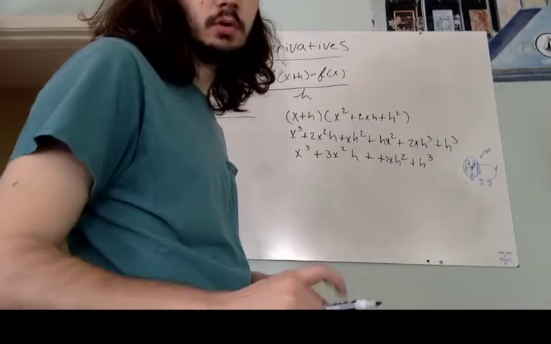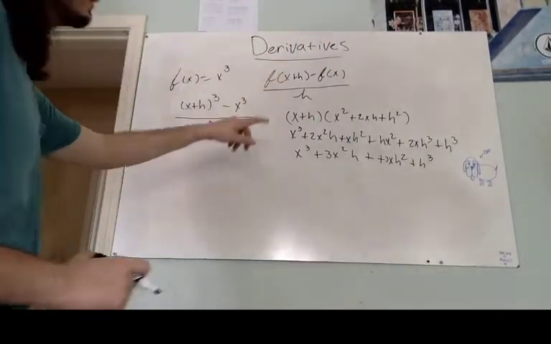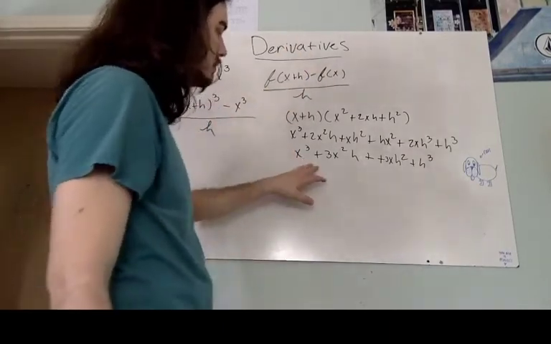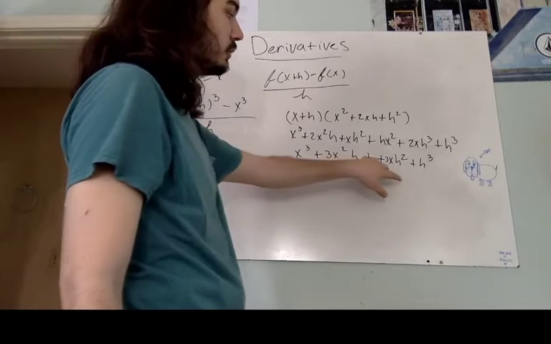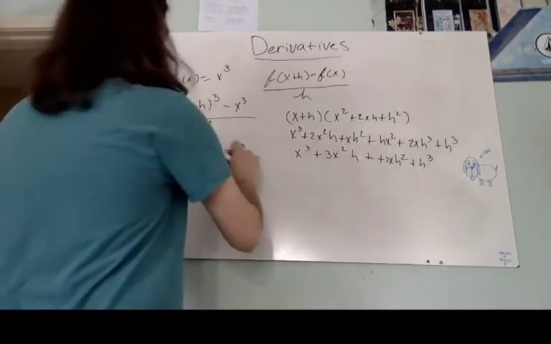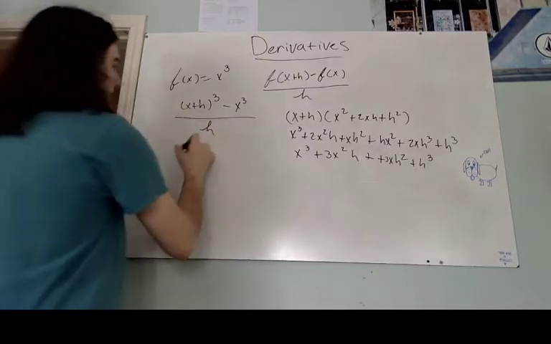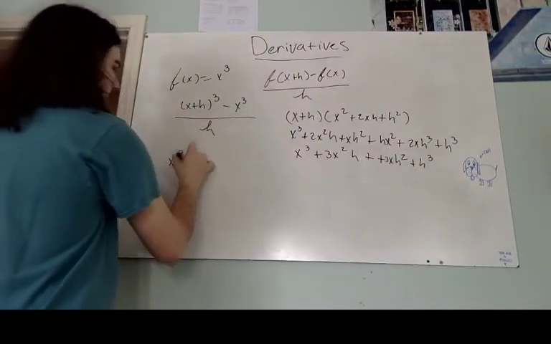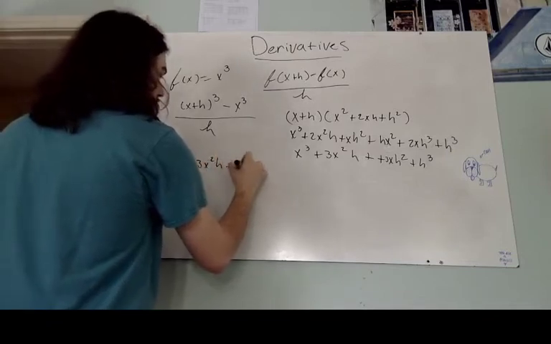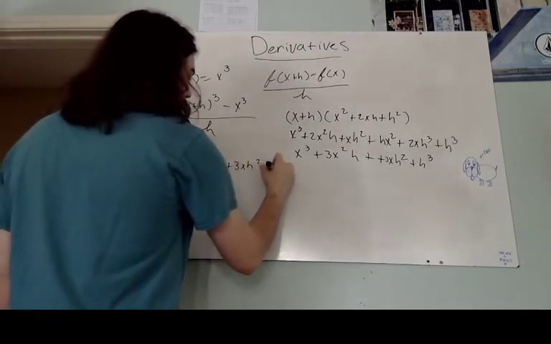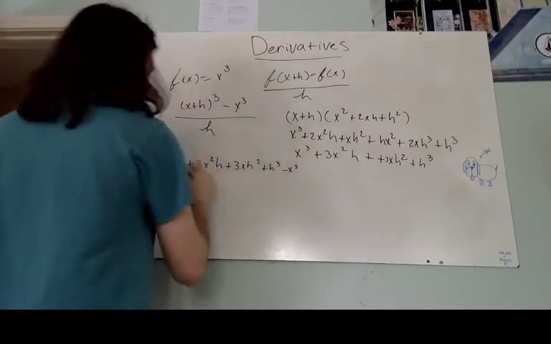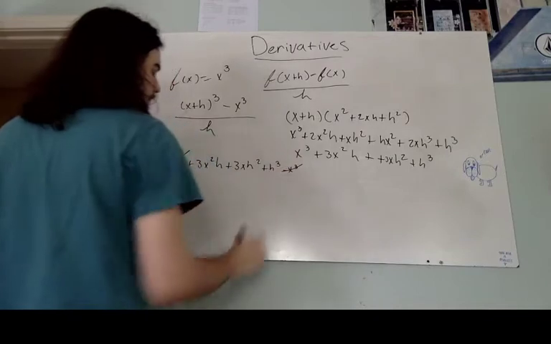So once I expand all this, I'm going to have x cubed plus 3x squared h plus 3xh squared plus h cubed. That's just this term expanded, right? So now I have, let me write that again, plus 3x squared h plus 3xh squared plus h cubed minus x cubed. So that's going to cancel out, right?